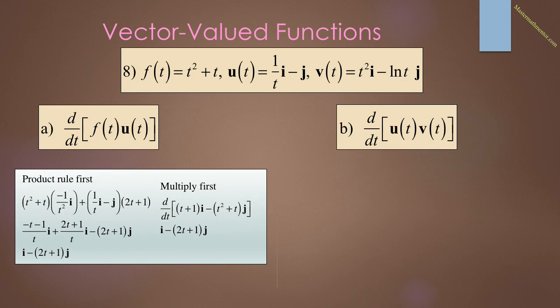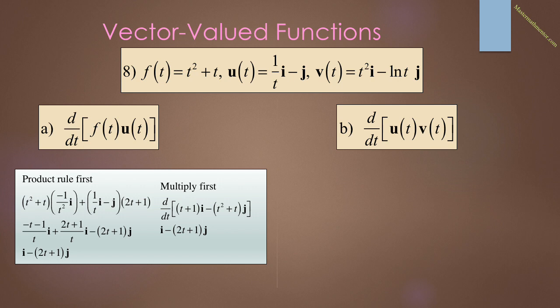In A, we will apply the product rule first. So we have t squared plus t times the derivative of the vector u, which is -1 over t squared i, plus the vector 1 over t i minus j times the derivative of the function, which is 2t plus 1.